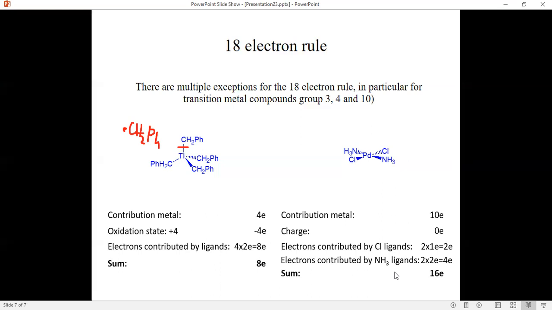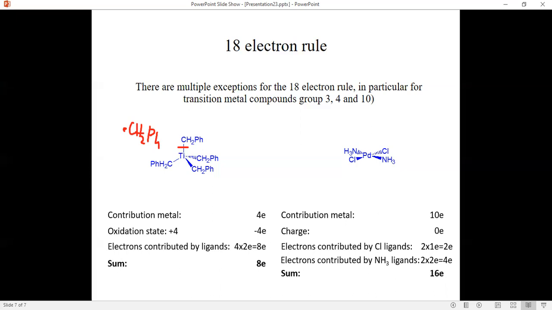Now in this case, we could not argue as we previously argued, because group 10 transition metals have 10 valence electrons, so they do not have to add a lot of ligands to get to 18. In this case, we can argue that we have a d8 ion, and our complex is therefore square planar, and square planar complexes tend to prefer 16 valence electrons over 18.